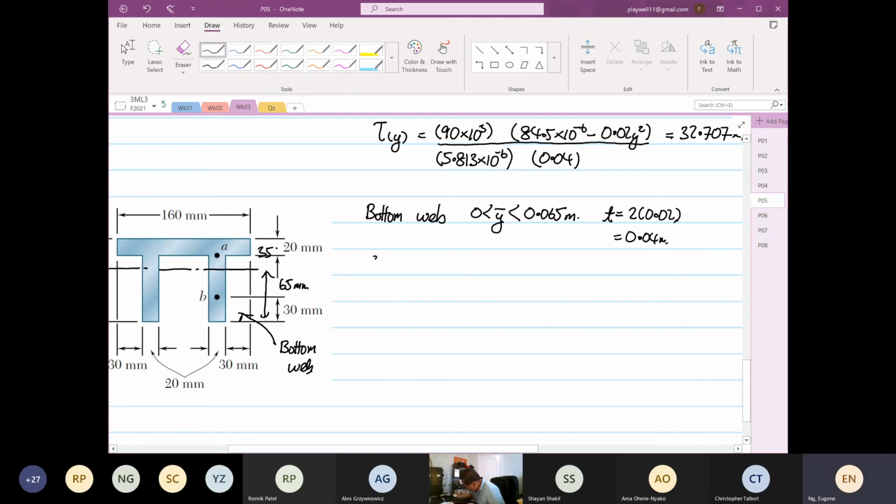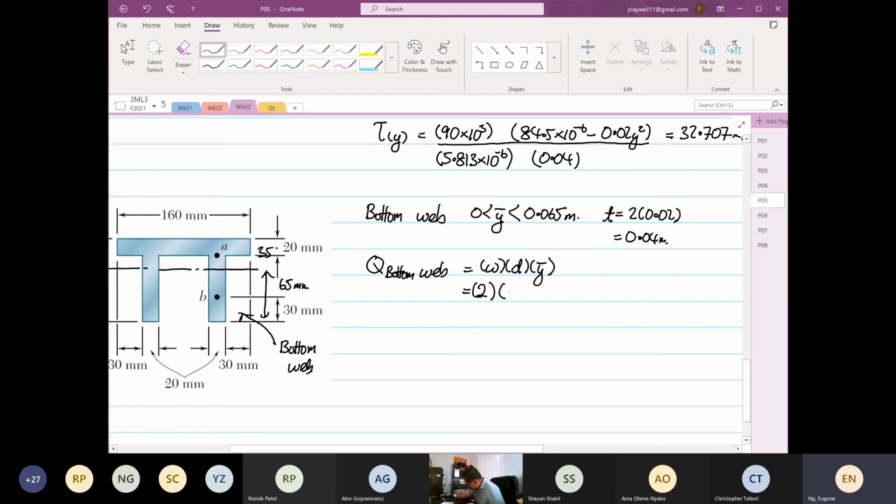Okay, so the Q of the bottom web is equal to what? Width times depth multiplied by y bar. So twice because of left and right.